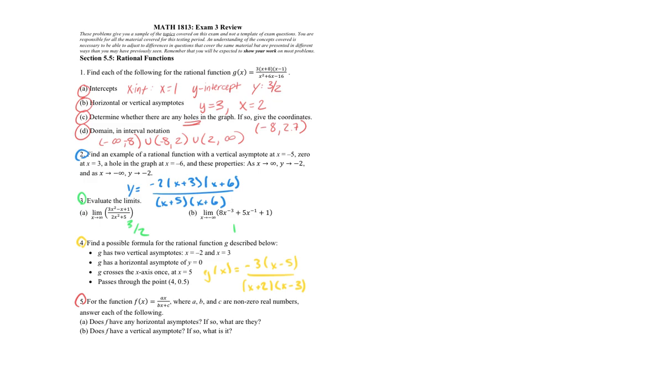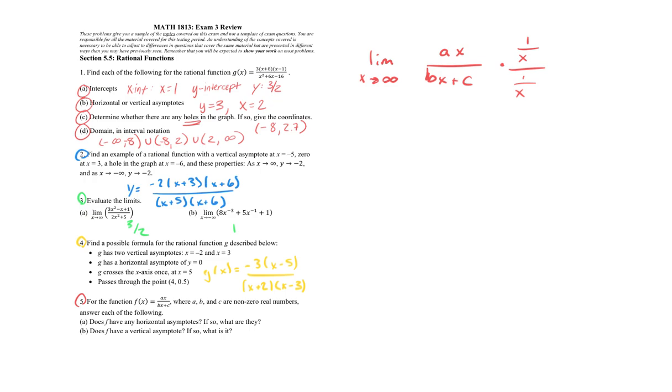A horizontal asymptote is where we take the limit as x approaches infinity and negative infinity. You can use the highest-term method, or you take the limit as x goes to infinity of ax over bx plus c. Just like we did on some of these other ones, we're going to multiply by 1 over x over 1 over x. And don't be scared by the a, b, and c.